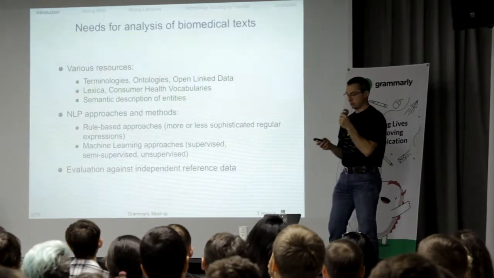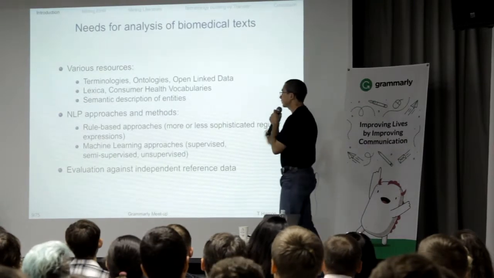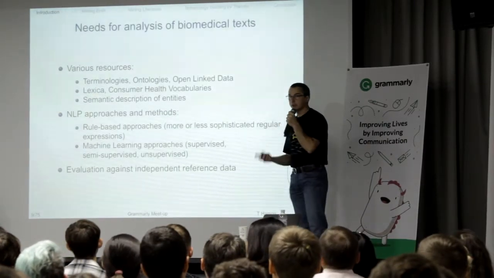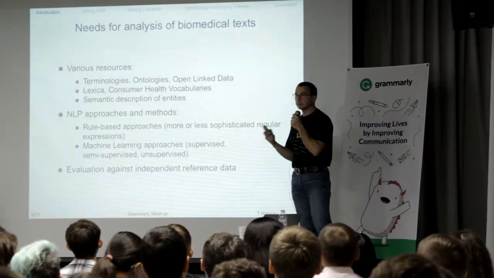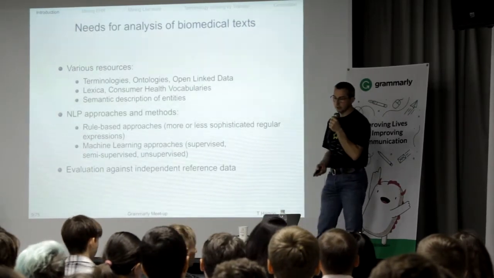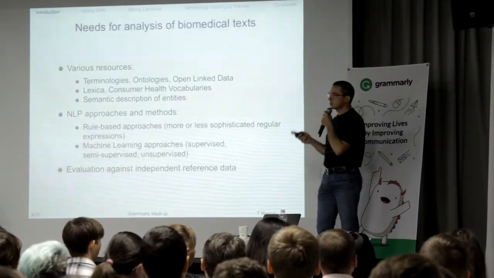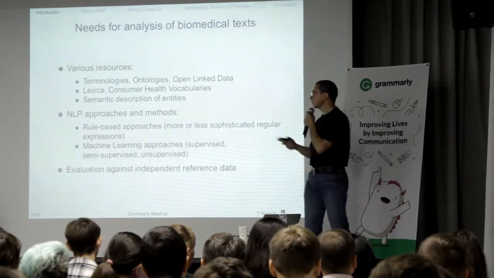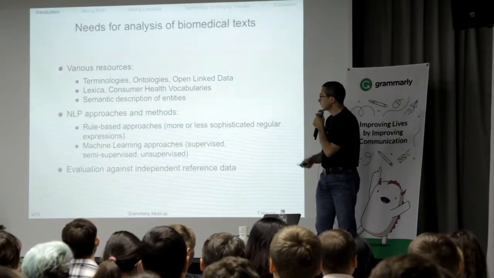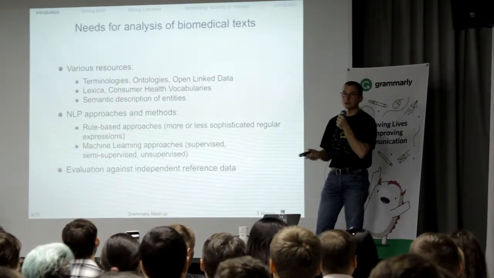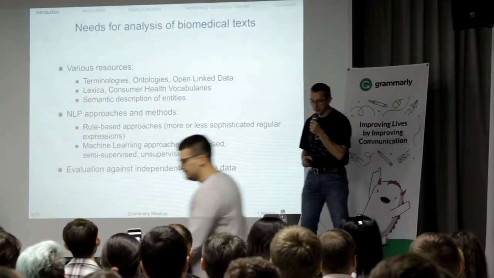So we need various resources: terminologies, mostly ontologies, more and more open linked data, but also some lexica, consumer health vocabularies, according to the application, and also semantic descriptions of entities.